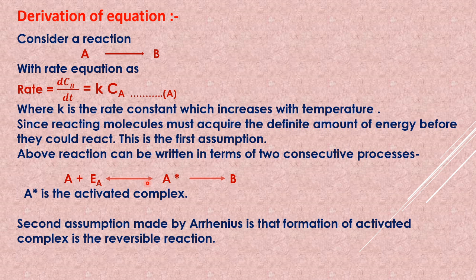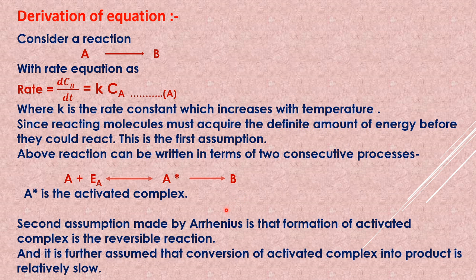This is the second assumption of Arrhenius. It is further assumed that the conversion of activated complex into product is relatively slow. This means the activated complex forming a product is a relatively slow reaction.